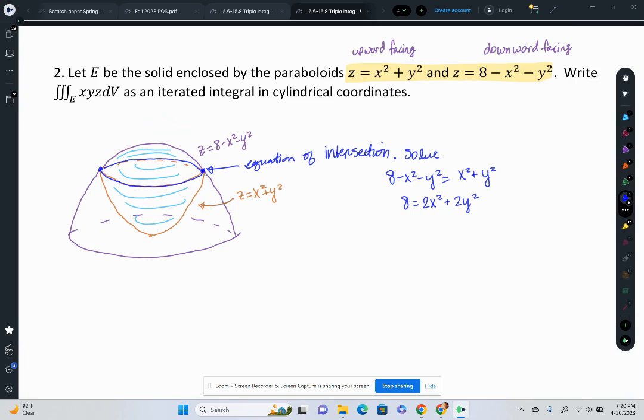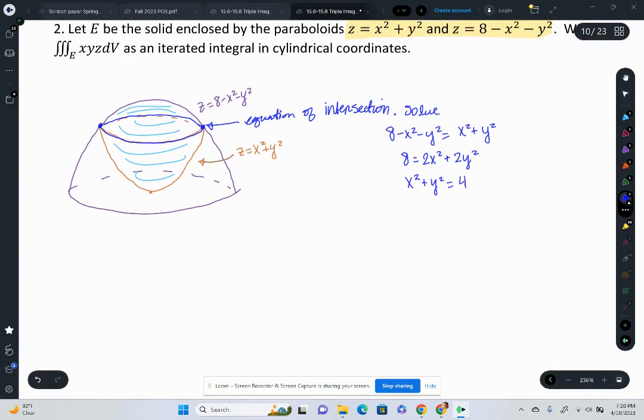If I divide everything by a 2, I get x squared plus y squared is equal to 4. Okay, so what we have now is the ability to figure out our region of integration in the x and y variables. Okay, so what we have here, this intersection, is a circle of radius 2.